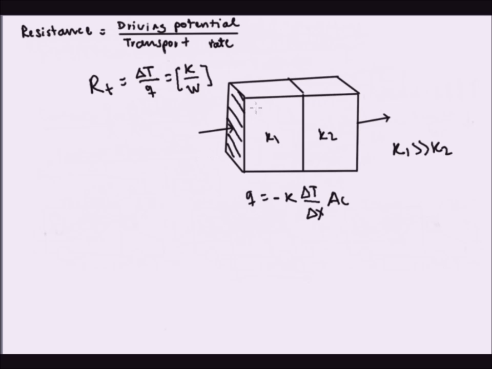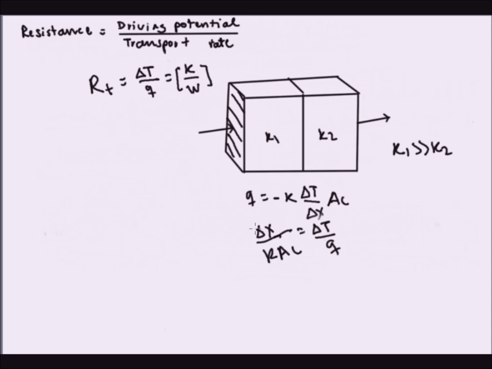So the expression for the thermal resistance in this case comes from relating these two equations and finding that upon rearranging, delta x over k A_c is just going to be delta T over Q. So basically this is going to be your thermal resistance.